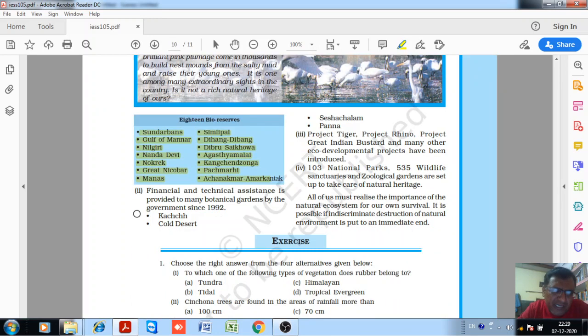Now you see that financial and technical assistance is also provided to many botanical gardens by the government since 1992. Kutch, the cold desert of Ladakh, and Sengchalam and Panna. These are the areas which are given financial support by the government.